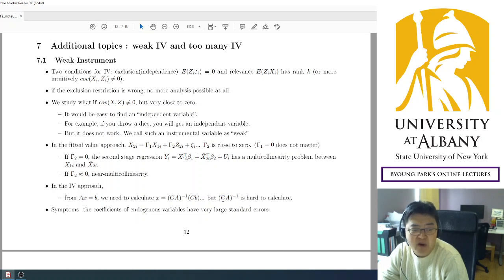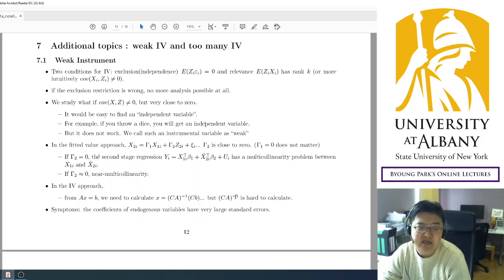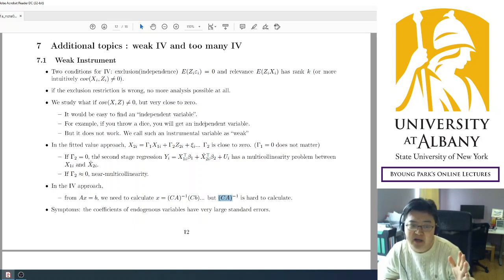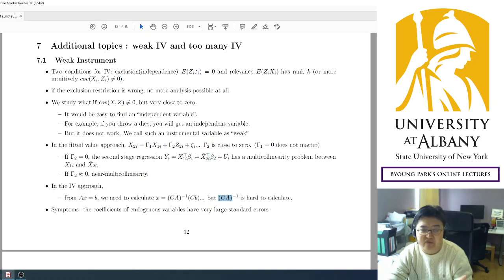But no matter what matrix C you multiply, its inverse may not exist. Its determinant will be close to 0, so the inverse is very inaccurate. It's like the denominator will become very close to 0 no matter what matrix you use. That is very similar to what we discussed in the near multicollinearity problem.